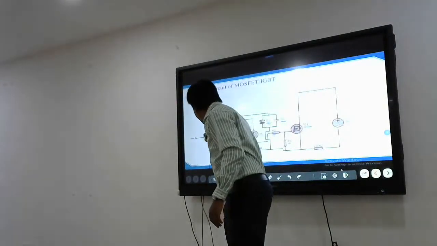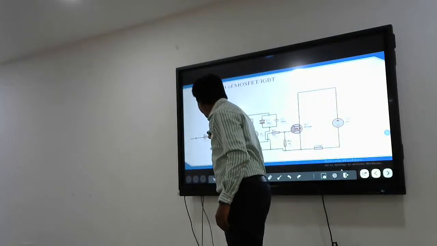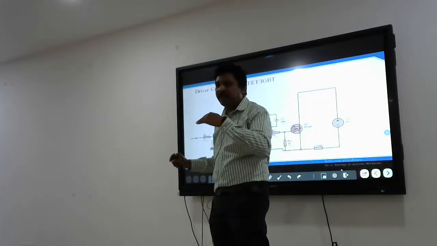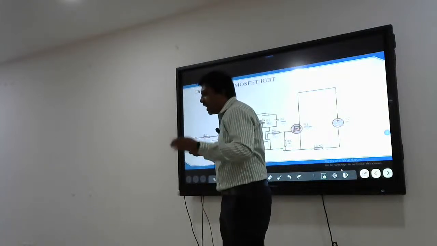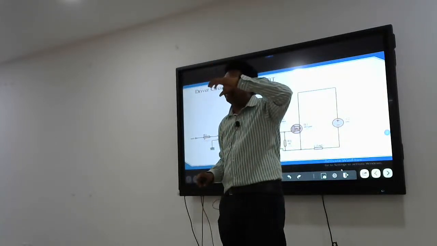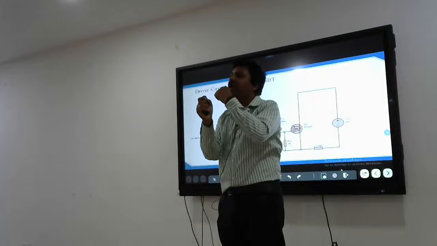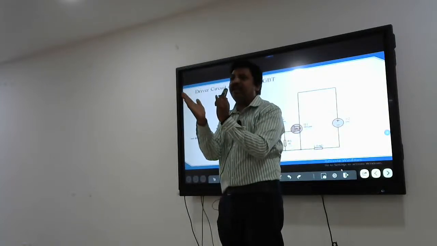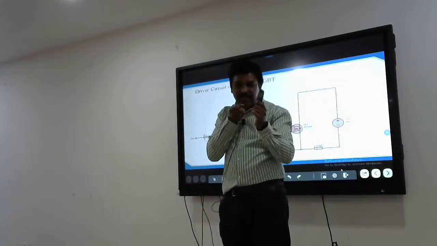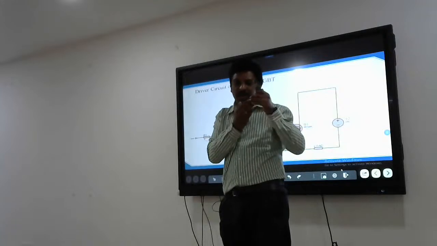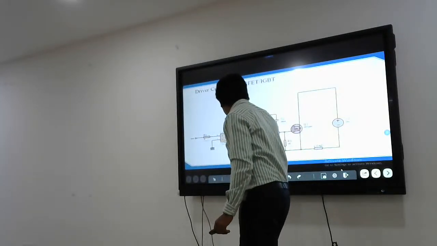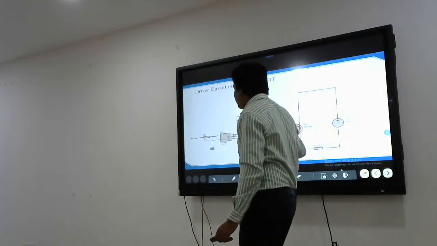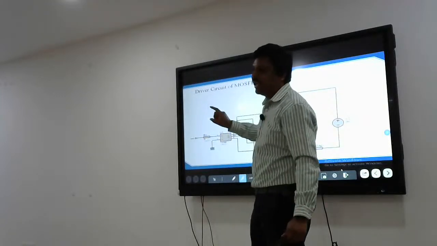If a small pulse is given here, like 0, 3.3, on, off, then at 3.3 the current will flow, the photodiode will give light, and the phototransistor will turn on. But there is no electrical connection you see here. When the LED is on, the phototransistor is on, and whatever the voltage here, it comes here. So this voltage goes to the gate and source, and it triggers.